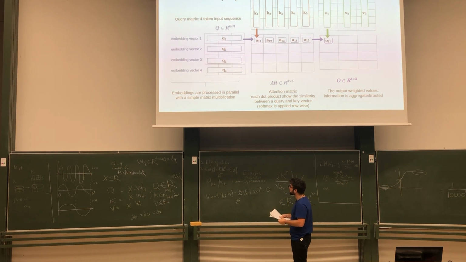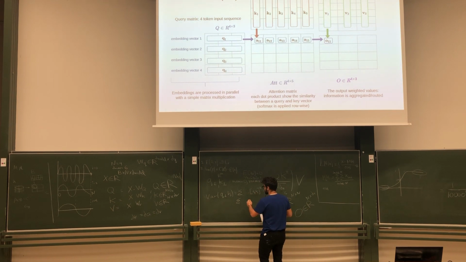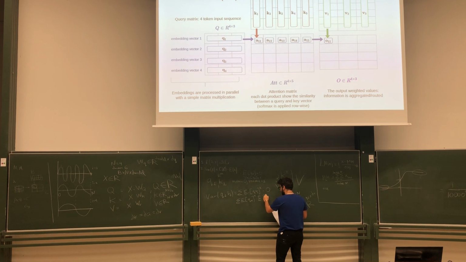Expected value of Q1 square, times expected value of K1 square.